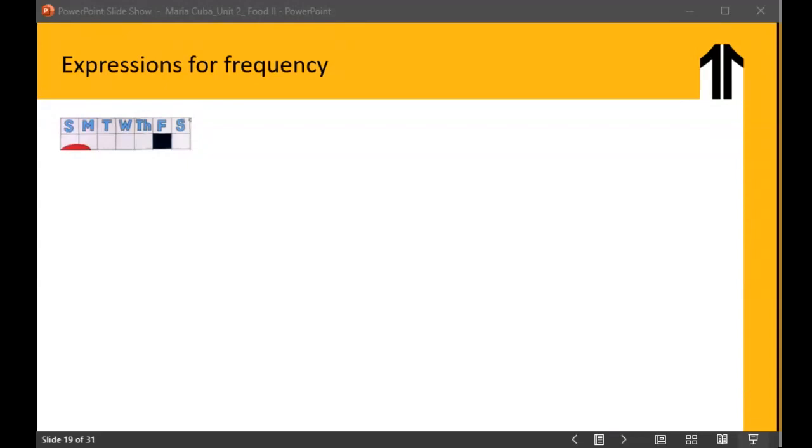A week. Remember, in the days of the week, we have Sunday, Monday, what else? Tuesday, Wednesday, Thursday, perfect, Friday, good, and Saturday, right?